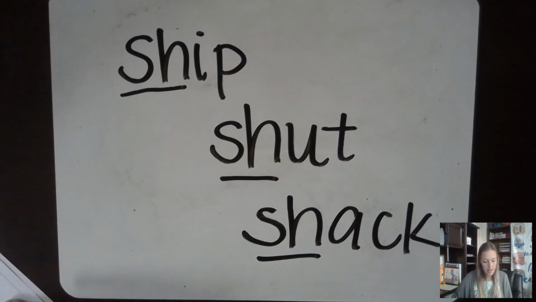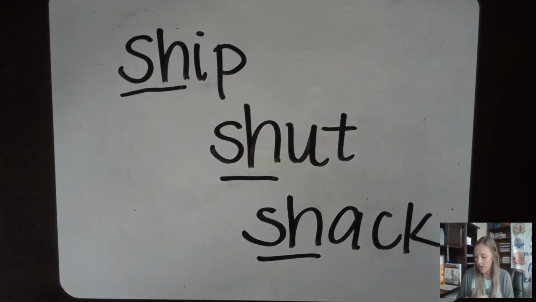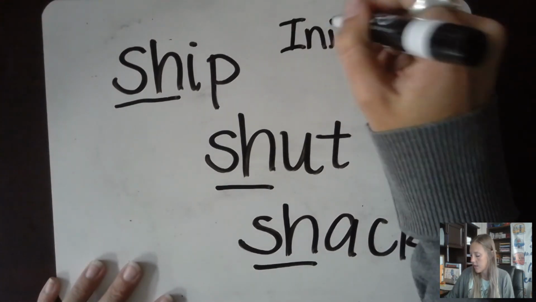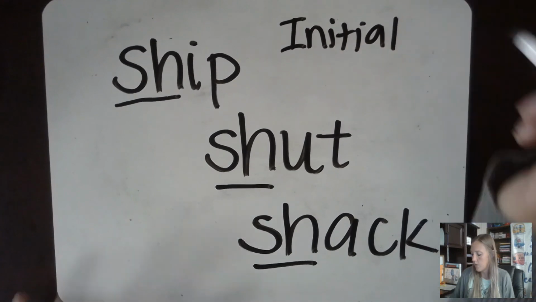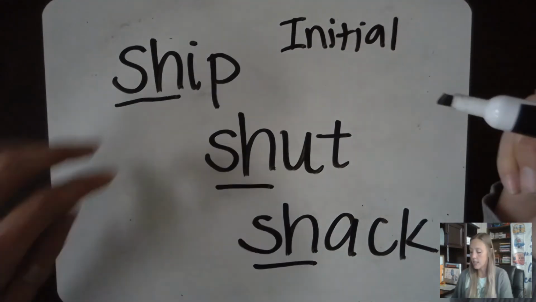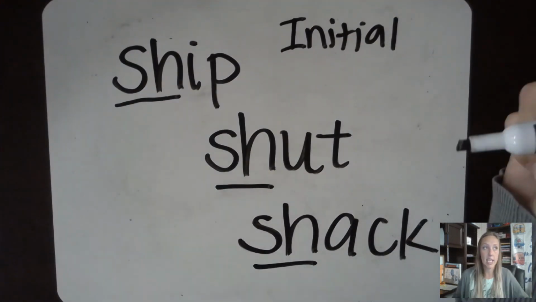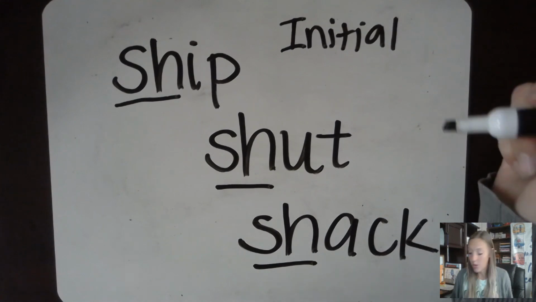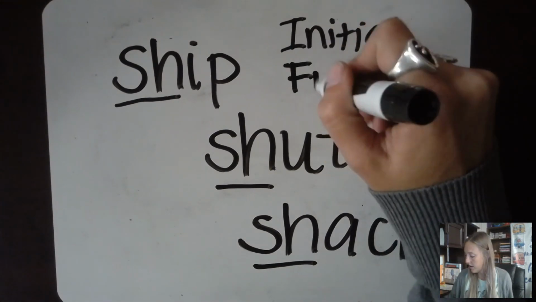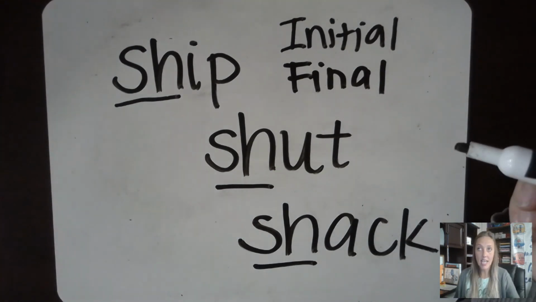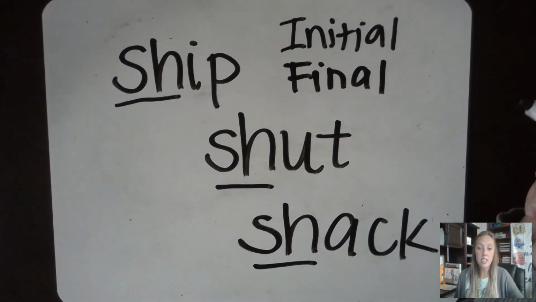All right. So today we talked about initial, which is the sound that we hear at the beginning, the letters that we see at the beginning, the letters that are the beginning of your name. Final, a final test is at the end. The final quarter is at the end.